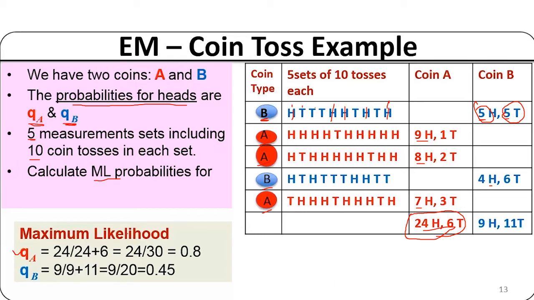So 24 plus 6 is 30 events. Out of that, 24 events are heads. So I am using 24 upon 24 plus 6, which is 24 upon 30. So I will get 0.8, an 80% probability of getting the head for coin A.